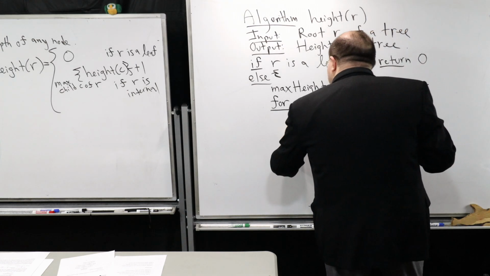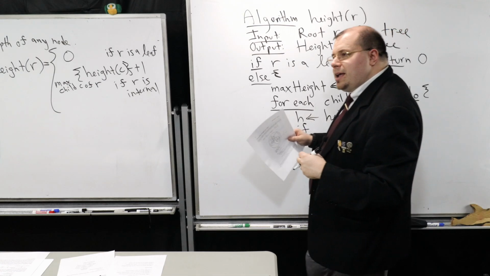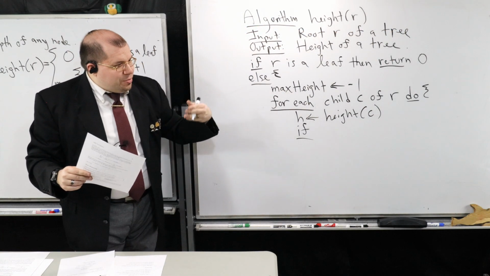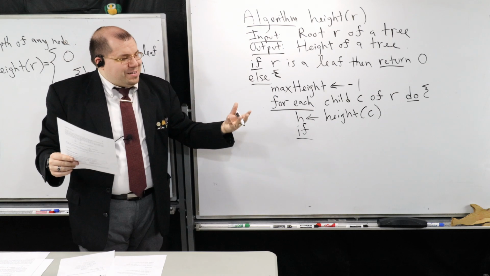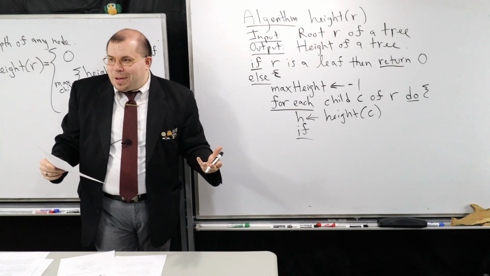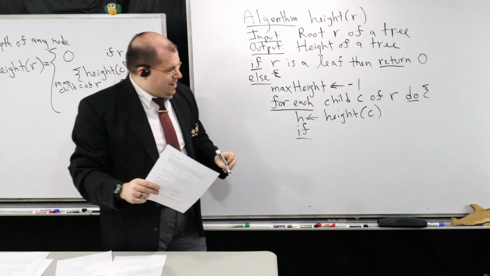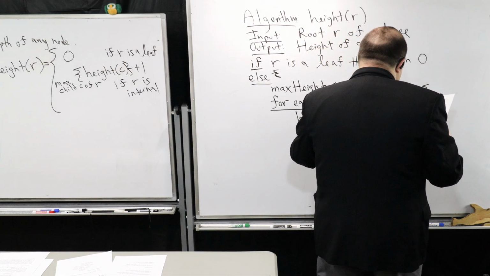And then I'm going to do no different than if we did a sequential search through an array. If you think of it like an array, imagine I go through each one, I compute the height, and I want to keep track of the one that's the largest number, right? It's no different than solving that problem you've seen in the past, just now there's this tree structure going on. So all I have to do is check if h is greater than max height.